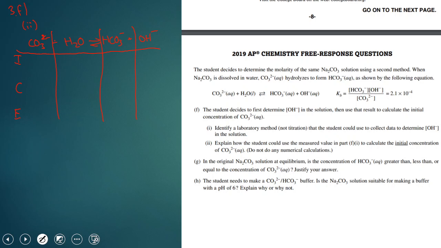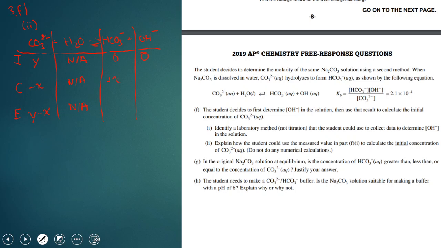Now explain how we could use the measured value to calculate the initial concentration. Well, we don't have our initial concentration, and because X is commonly used in the change, I'm going to call it Y. This is going to go minus X, so this is going to be Y minus X. The products are going to start at 0 because we're dissolving it in water, so there's none of these ions previously.